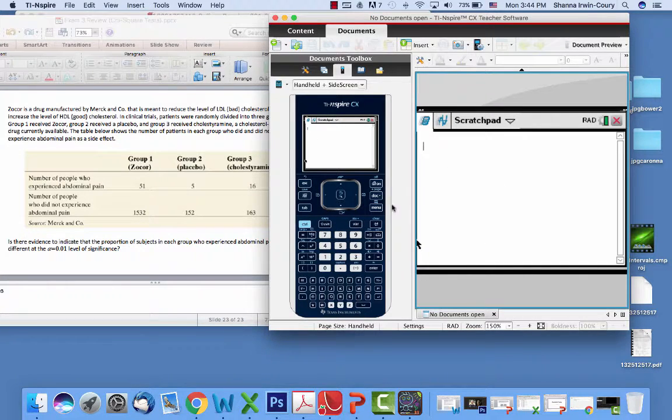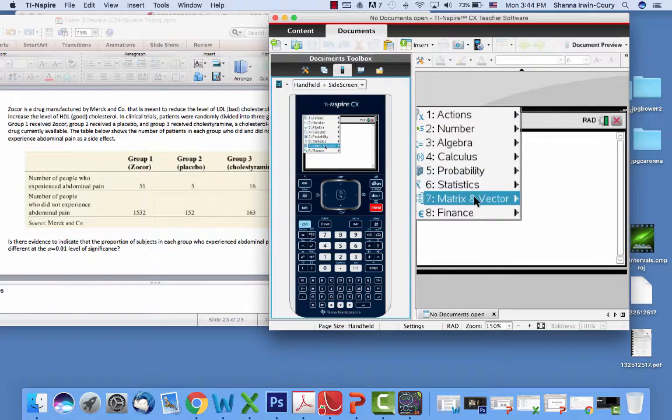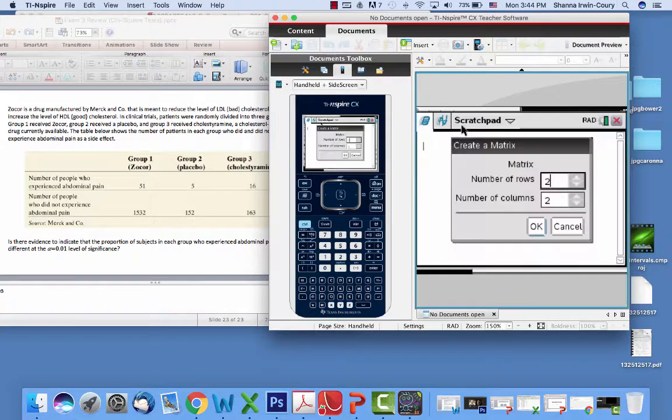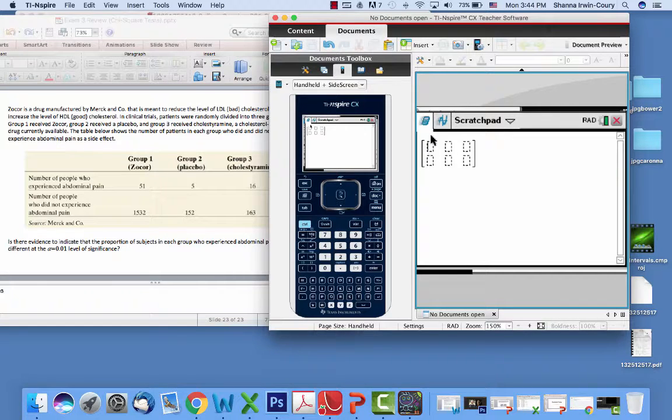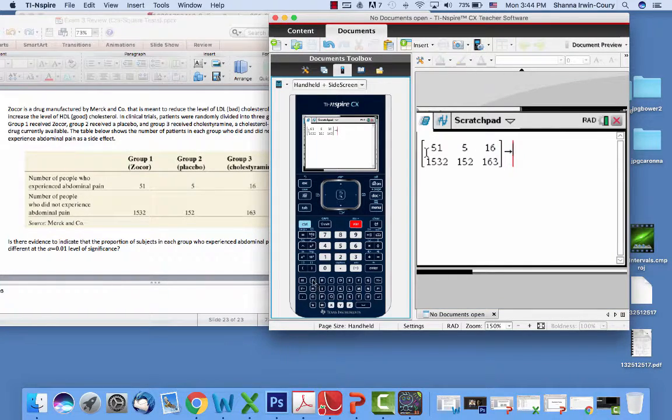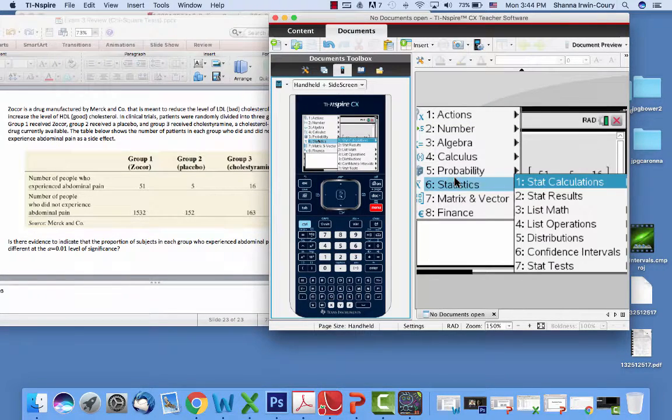Okay, so first I want to add a matrix, and I've got 2 rows, 3 columns. 51, 5, 16, 15, 32, 152, 163, store. Now that's going to be A, stats.